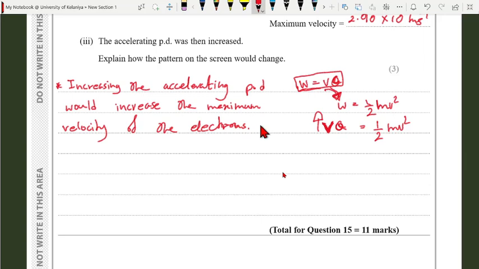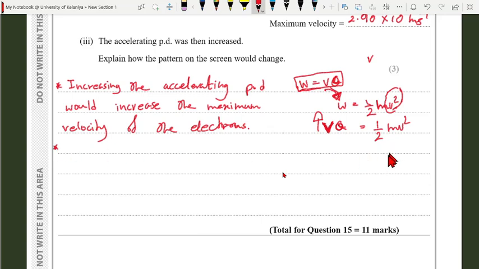Here I told you it is speed. When you have v squared, it is speed, because we have neglected the direction when we have taken a square. Velocity is a vector and speed is a scalar. So if it is just v, it is a vector, it is velocity, right.